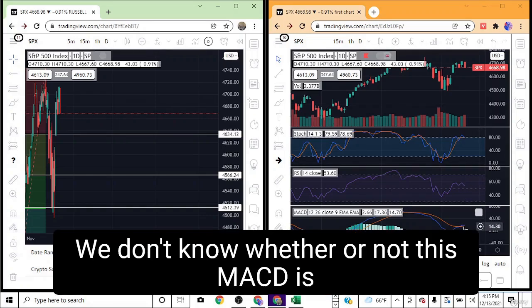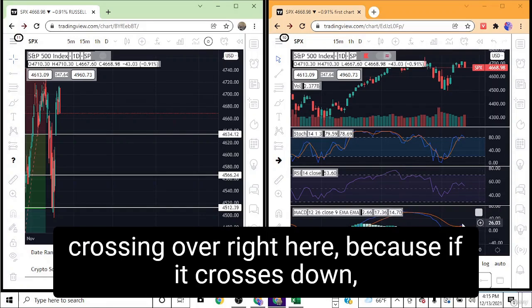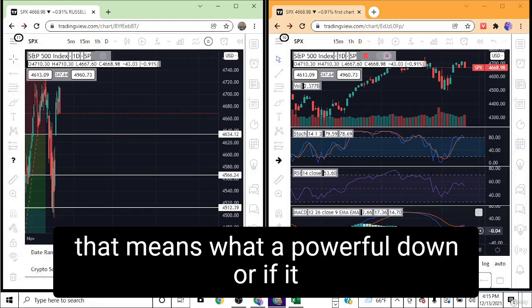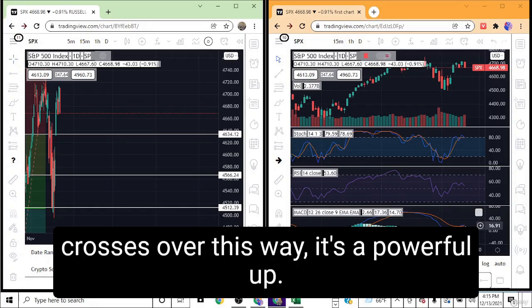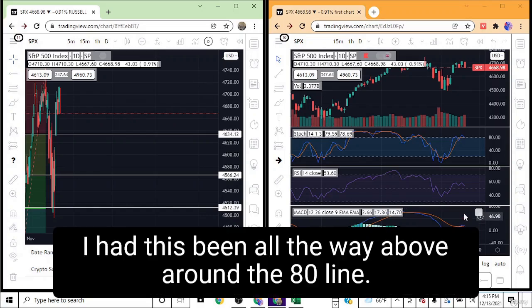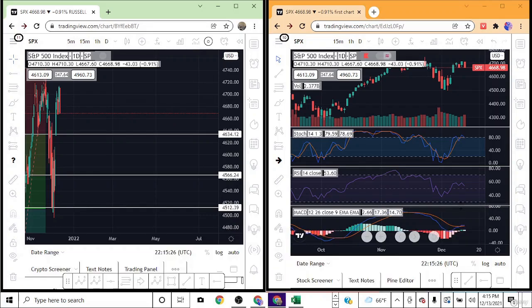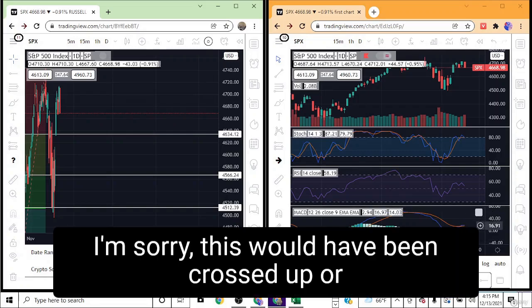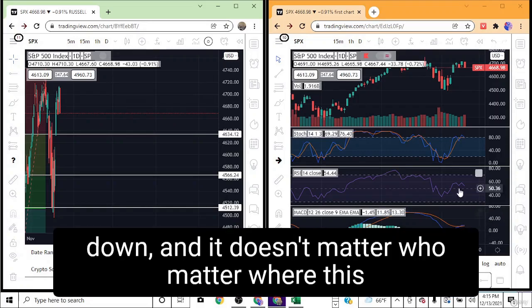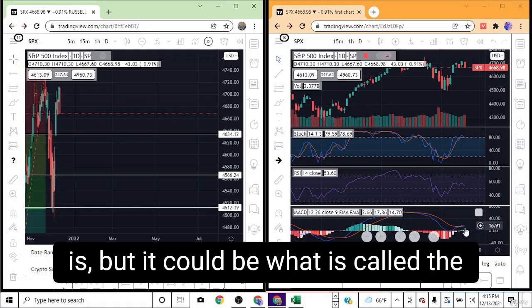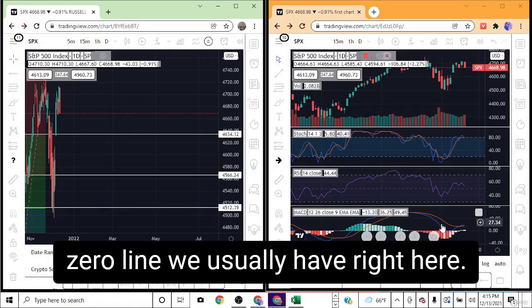But we see right here, we don't know whether or not this MACD is crossing over, because if it crosses down, that means what? A powerful down, or if it crosses over this way, it's a powerful up. So now we're kind of in decision. Had this been crossed up or down, and it doesn't matter where, it could be at what is called the zero line we usually have right here.